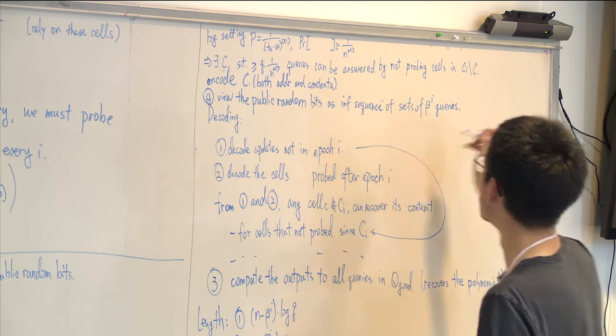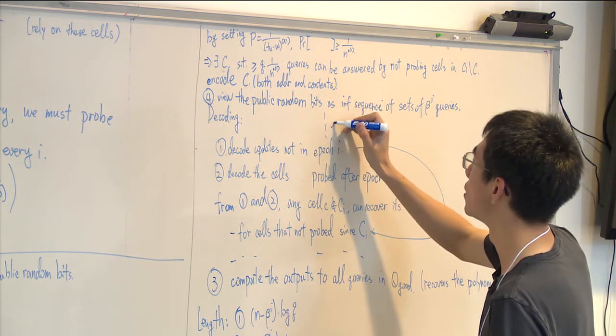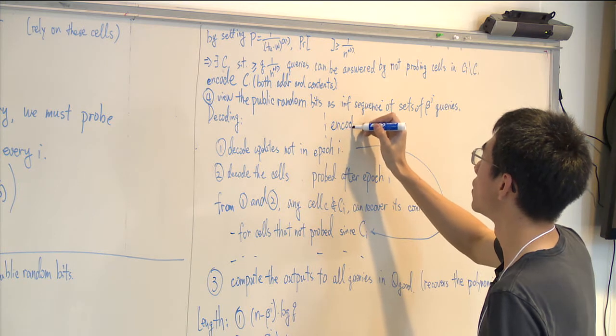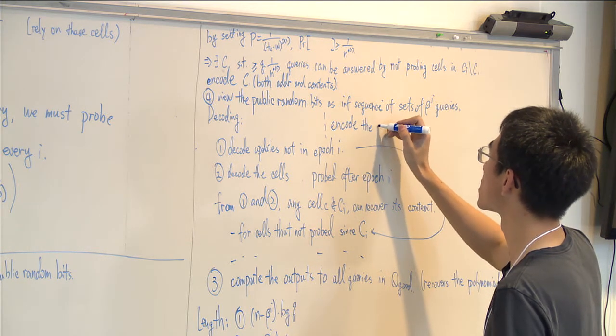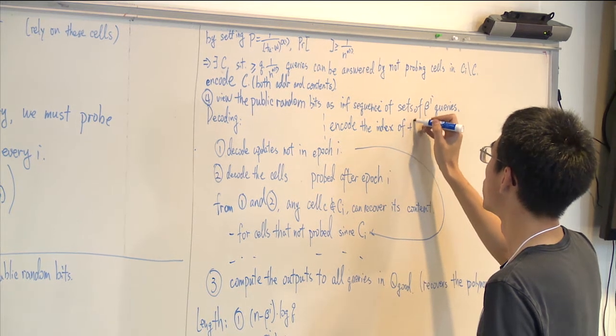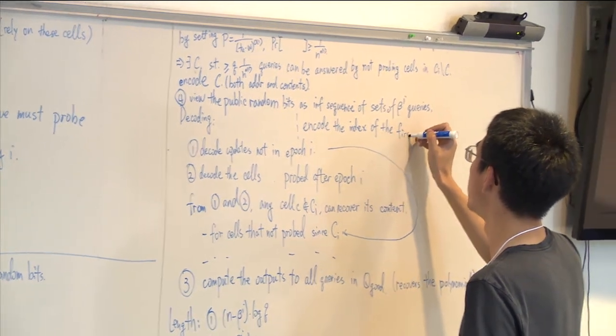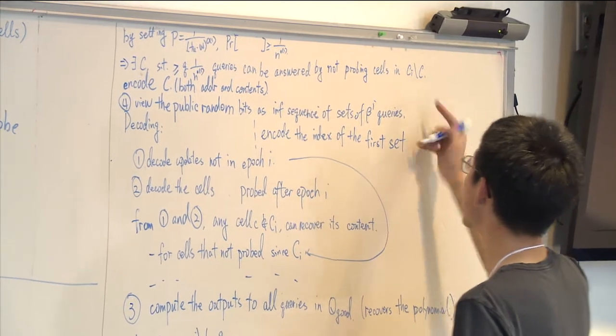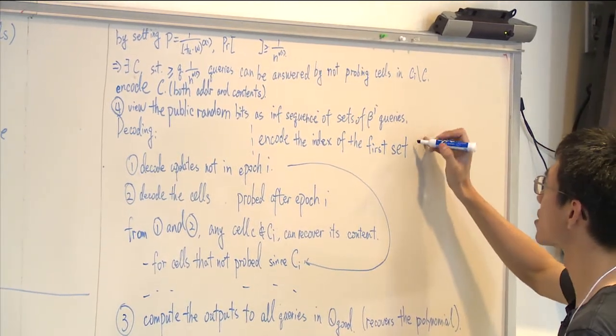And then we just encode the index of the first set, as before, that does not probe anything in this set of cells.